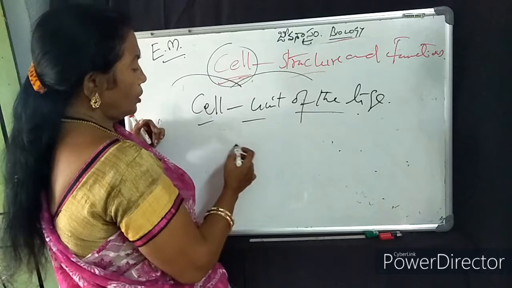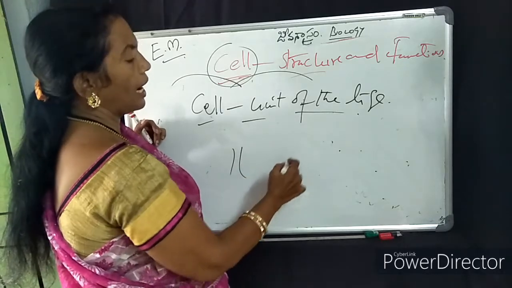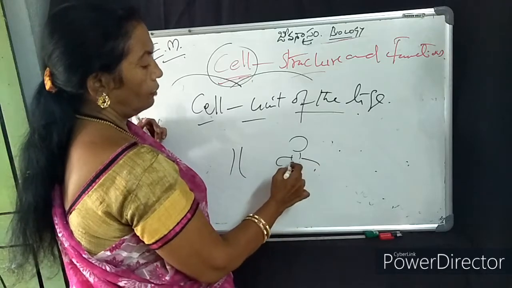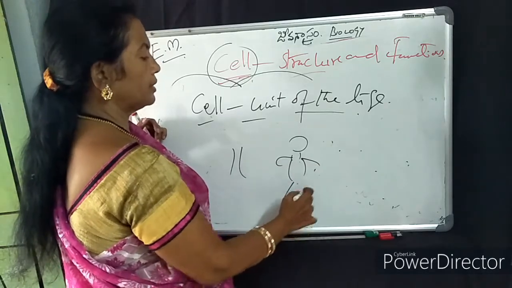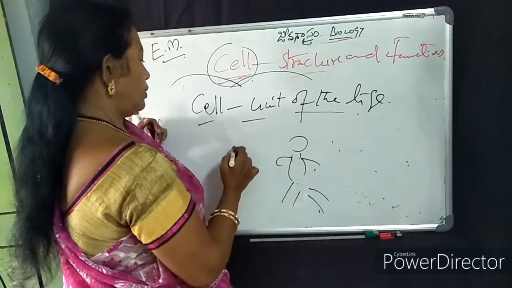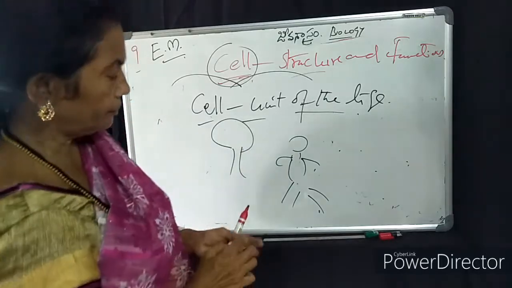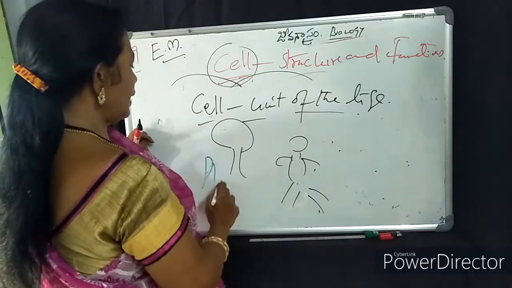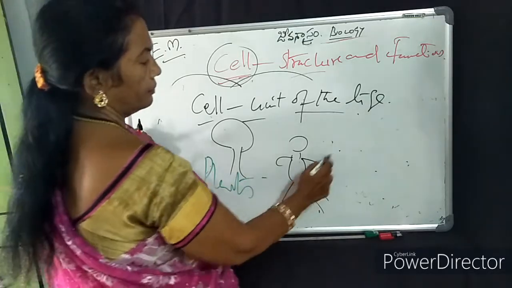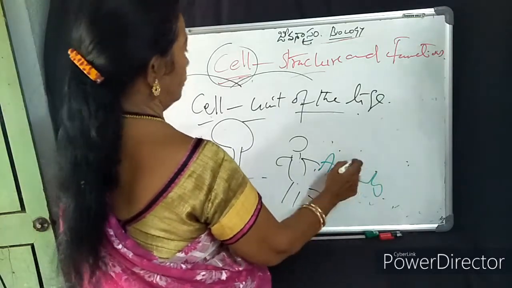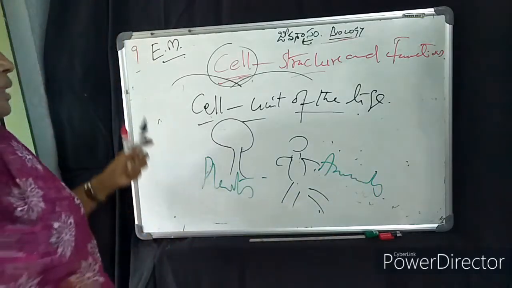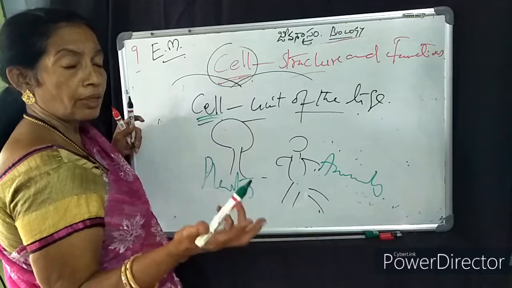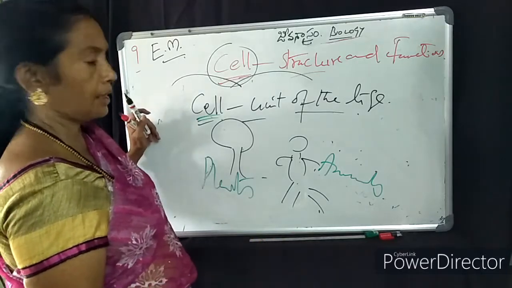Whenever you look at an animal or a plant, human beings, plants and animals, these have cells, as you already learned in 8th class.